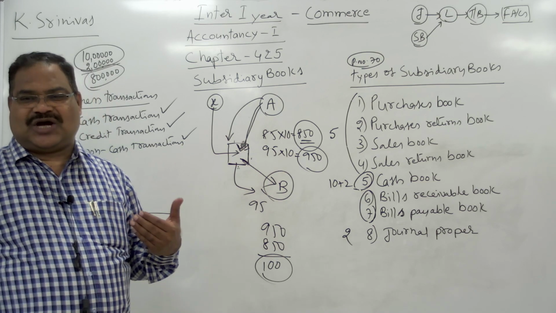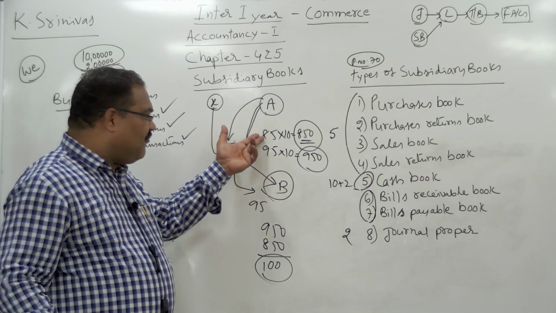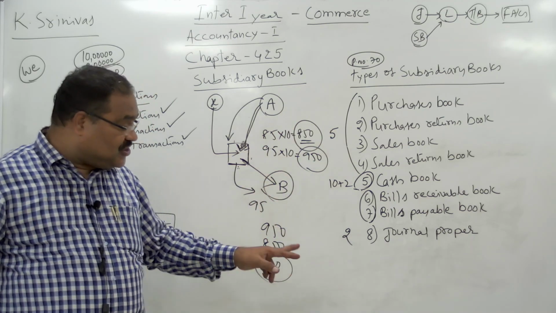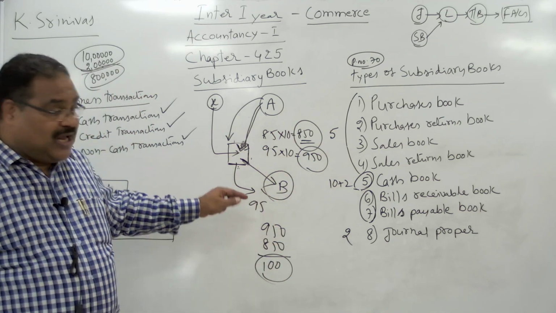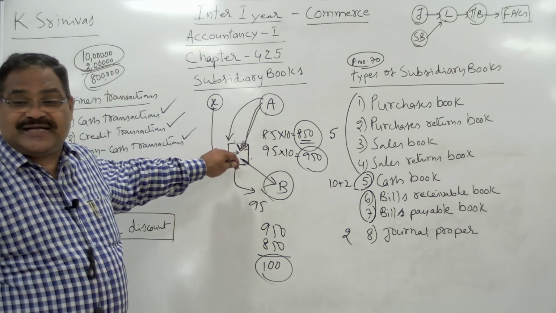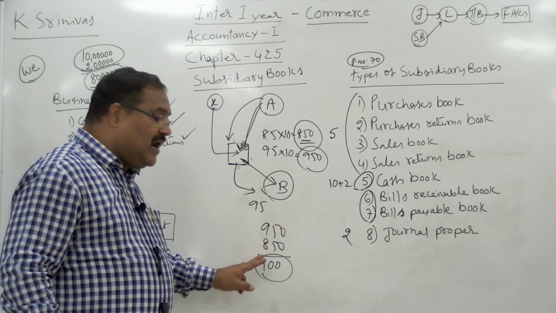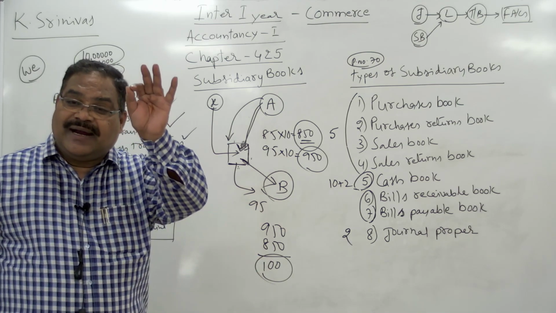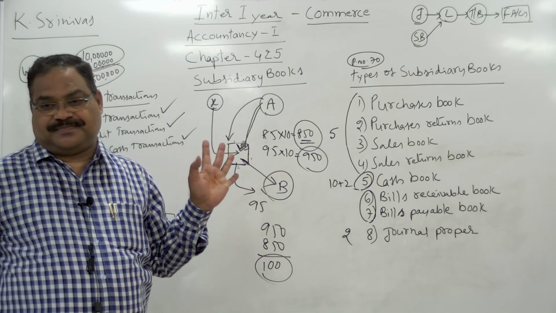They have given trade discount, so we are going to pay only 85. 85 into 10 is equal to 850, and 950 rupees we will get from sales. We will pay 850. We will receive by sales 950. So overall 100 rupees we are going to get. 100 rupees is called trade discount.